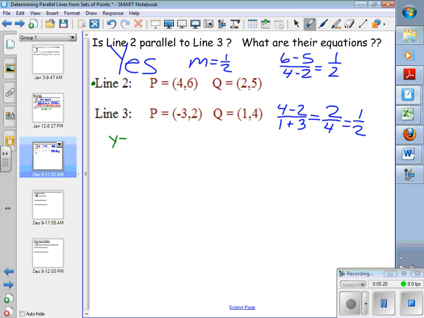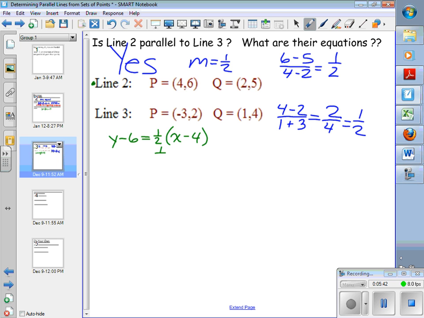y minus 6 equals 1/2 of x minus 4. And it chose that point, so I didn't have to deal with an odd number. Never mind. Still works.